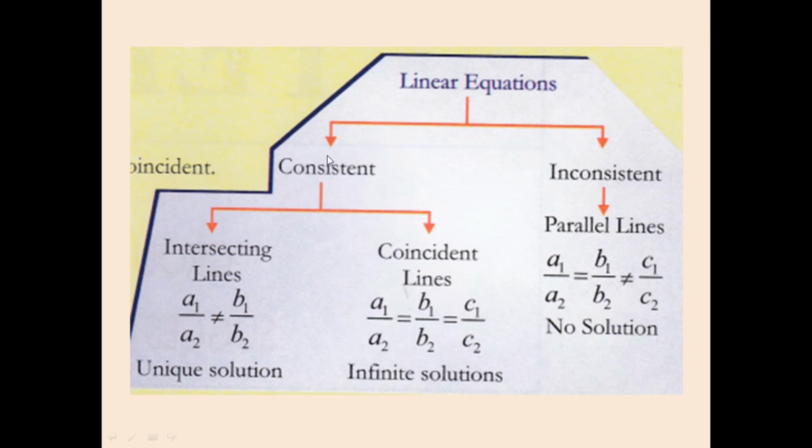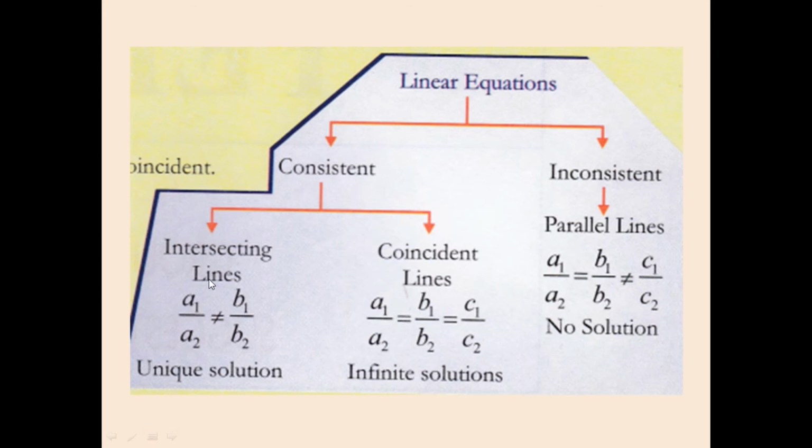They could be consistent, they could be inconsistent. When they're inconsistent, no second opinion about it. They have to be parallel lines. This is the condition that the coefficients have to follow, and there will be no solution. So these are the key points to remember. And when we talk about a consistent pair of linear equations, it is subdivided into two parts again.